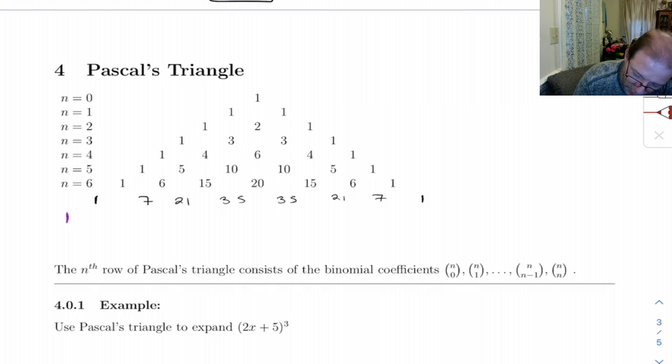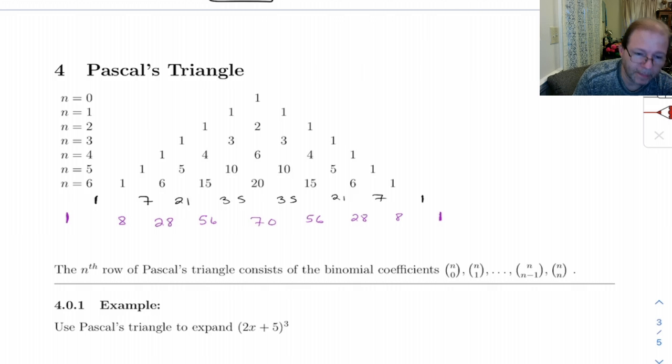And then one more row. I would get 7 plus 1 is 8. 7 plus 21 is 28. 21 plus 35 is 56. And 35 and 35 is 70.